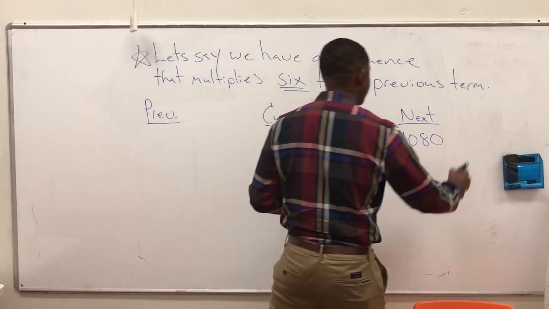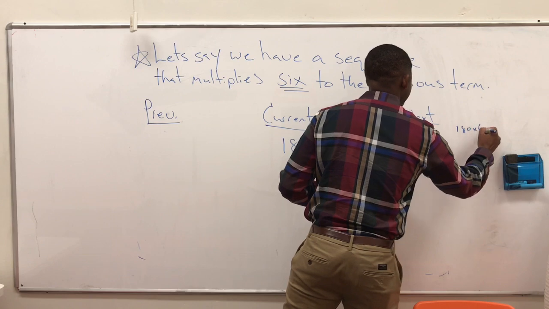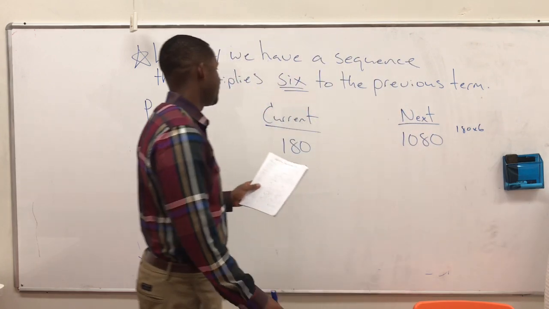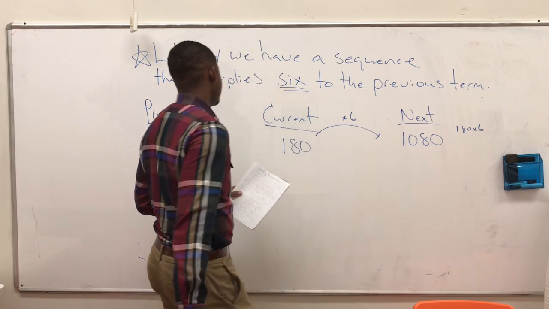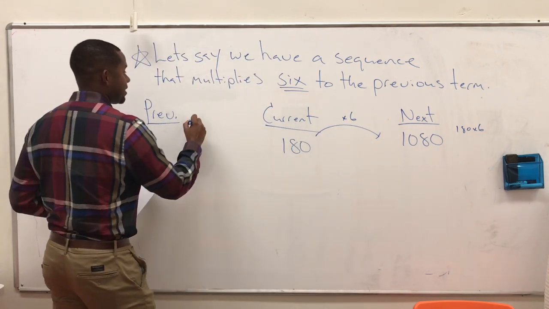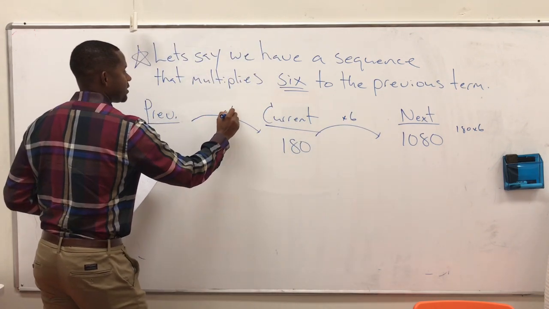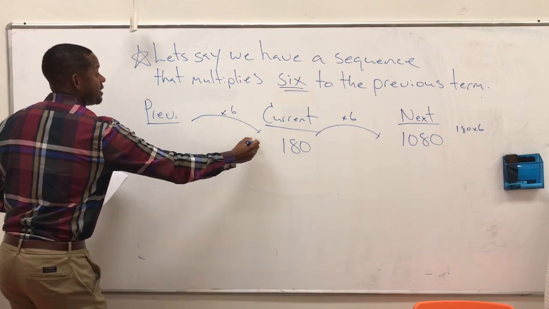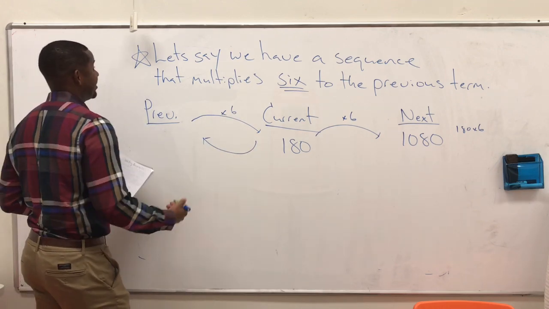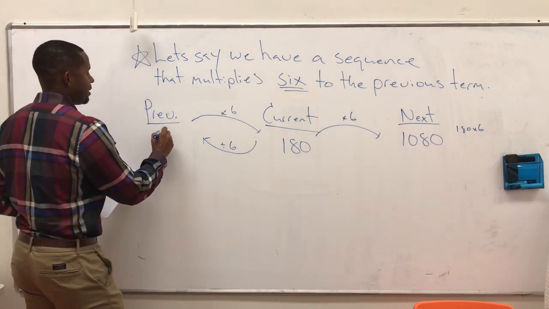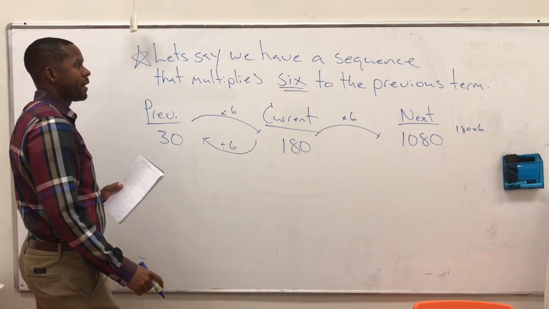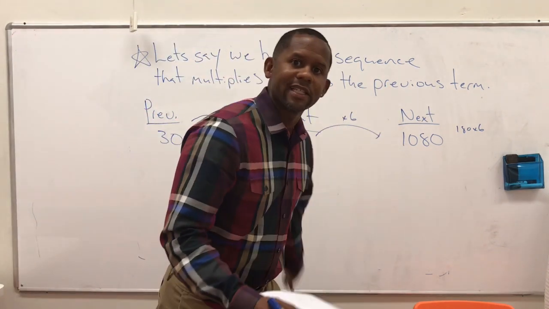And that is because 180 times 6. That's how we got that term, right? Or we can look at it this way, times 6. If it's always times 6, it would be whatever this is, times 6. So you should be able to figure out if we're going backwards, what would we do? Divided by 6, and this ends up being 30. Okay? So that's our terms, that's how they work.